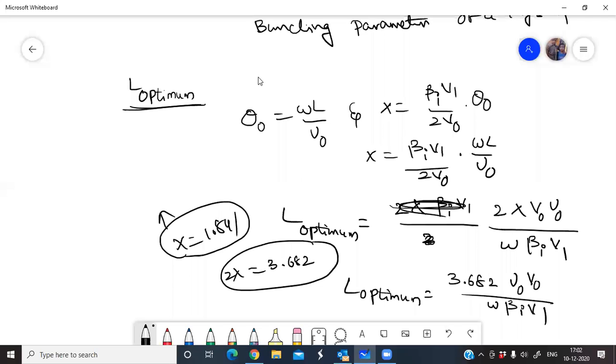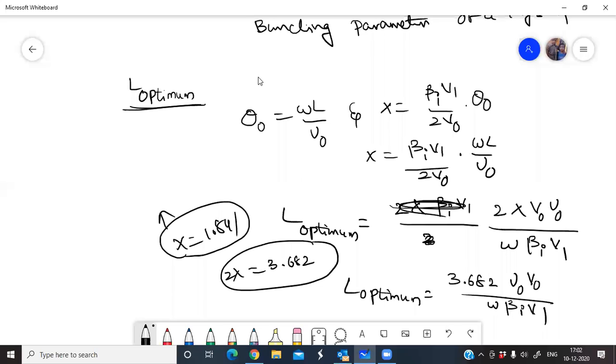Is it clear, all of you? See, two formulas here. In the previous case, I told that delta L equal to something. Now here L optimum equal to 2x small v naught capital V naught by omega beta I V1, and x is from the Bessel's function.